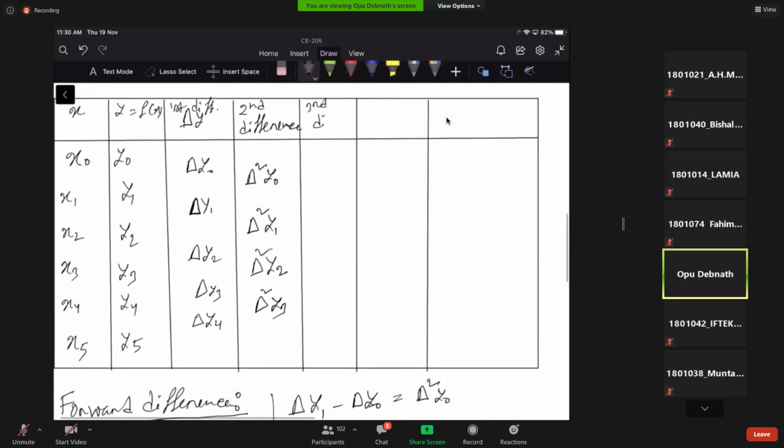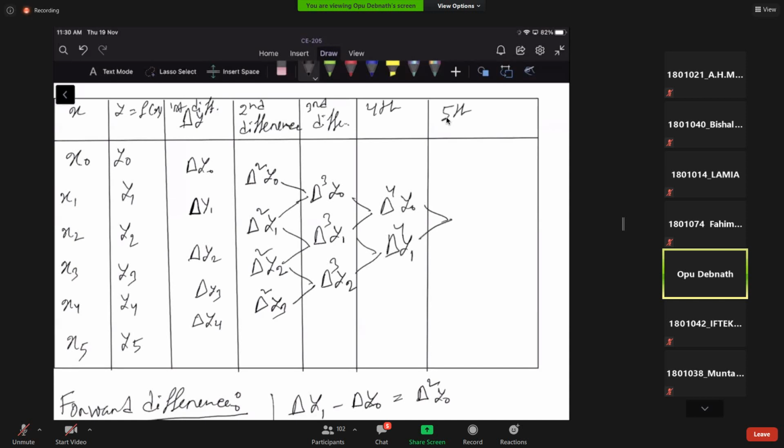Del cube y0 will be the subtraction of these two values. Similarly, from these two we find del cube y1, and from these two, del cube y2. And for the fourth difference, again, del to the power 4 y0, del to the power 4 y1, and the fifth difference will be del to the power 5 y0.